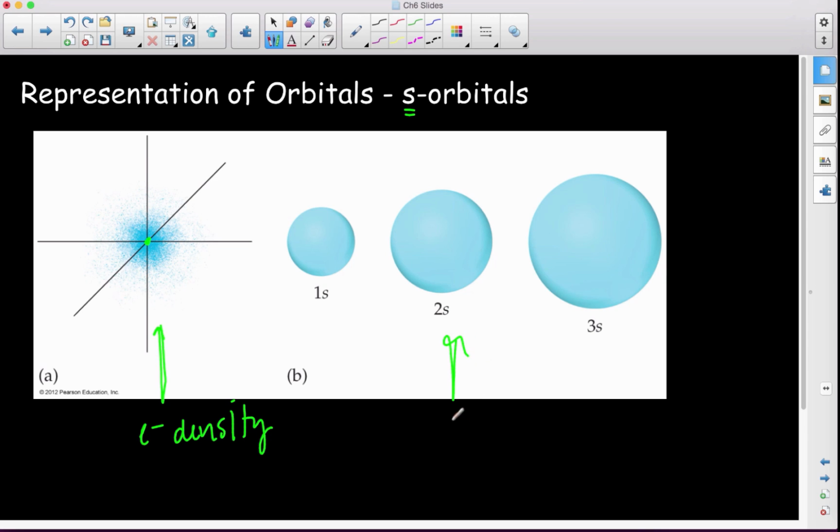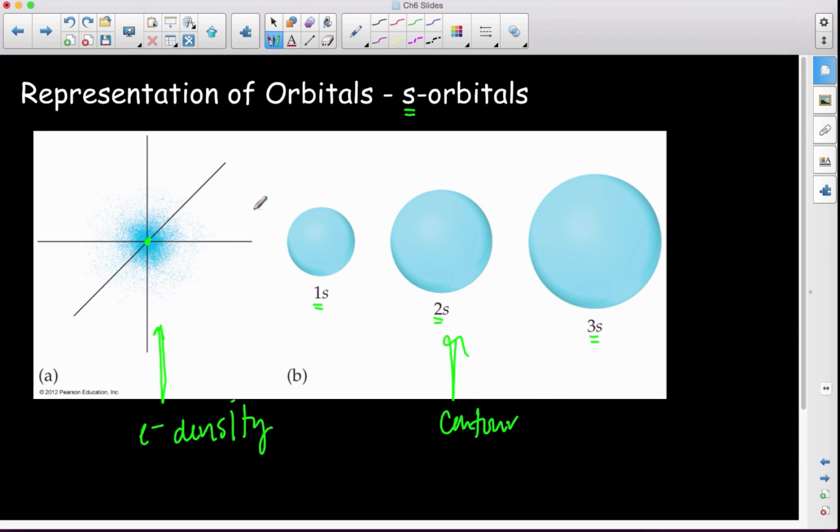Here we have some contour diagrams, where they sort of represent the hard edge of my orbital. This would represent the outer edge of my s orbital, and the electron can be anywhere inside of there. Likewise, anywhere inside of here or anywhere inside of here. Going back to what we talked about, my shell number indicates distance from the nucleus, and the larger my shell number, the further I am from the nucleus.